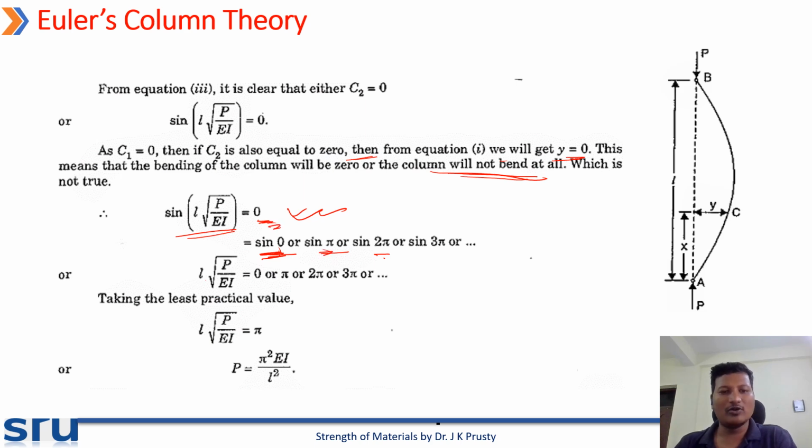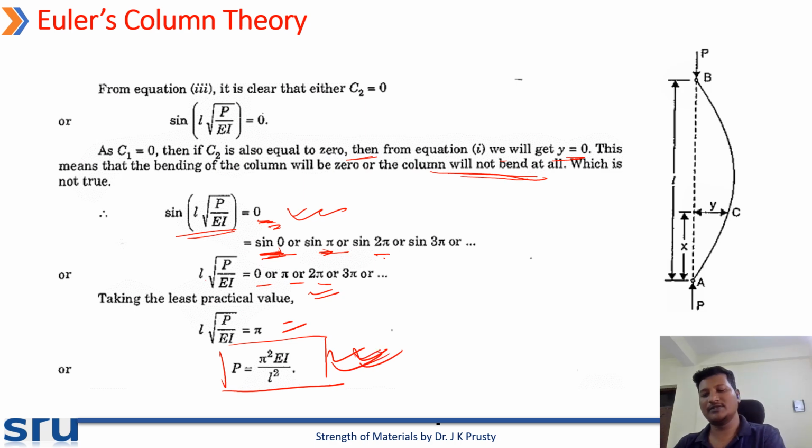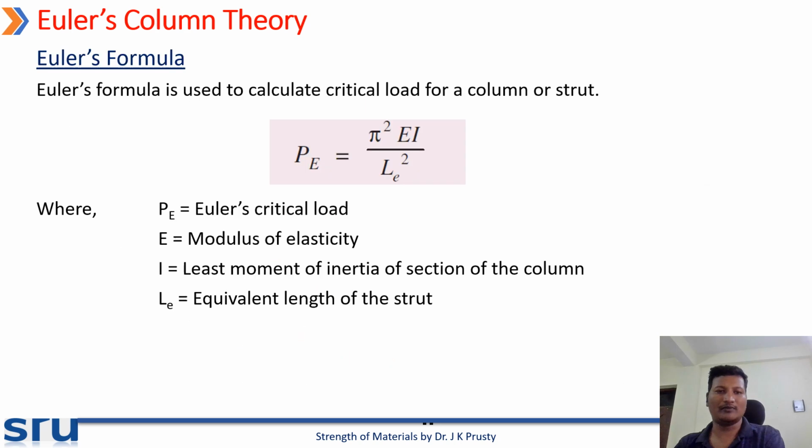We take the least practical value, L root over P by EI is equal to pi. So now you can calculate P is equal to pi square EI by L square. From here we are getting the value P as per Euler's critical load.